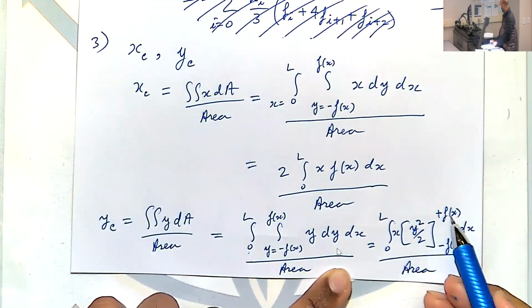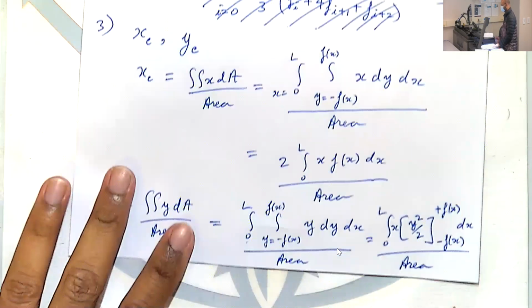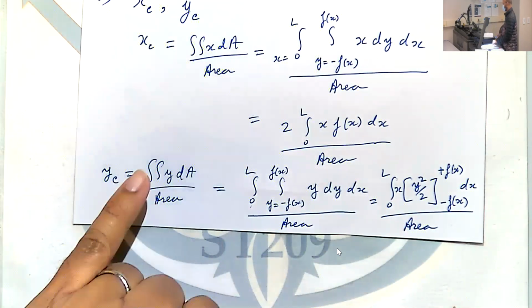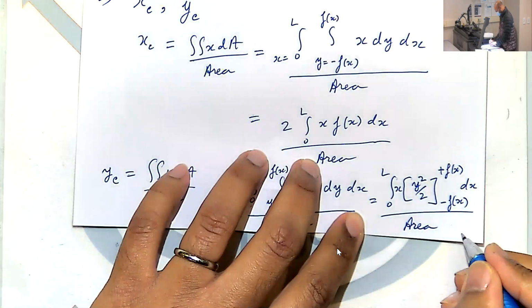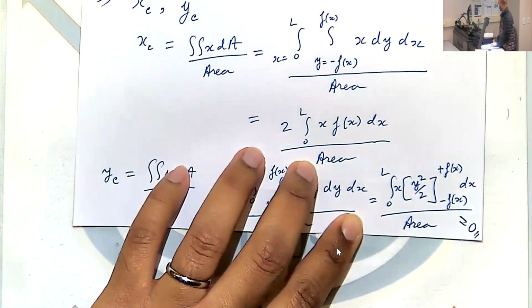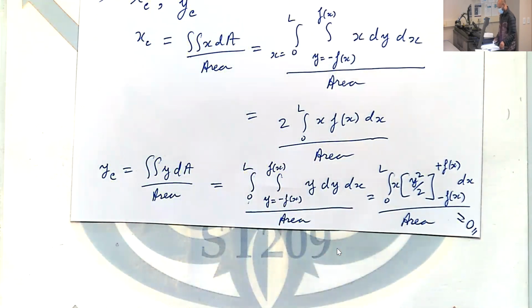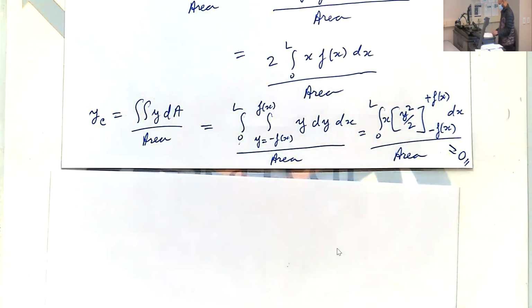When you plug in the upper limit and the lower limit, you'll get 0. That's another way to show that YC is equal to 0. And this is equal to 0. Okay.